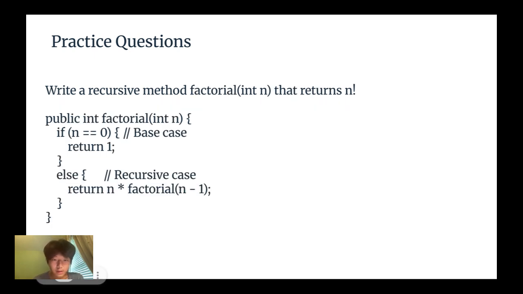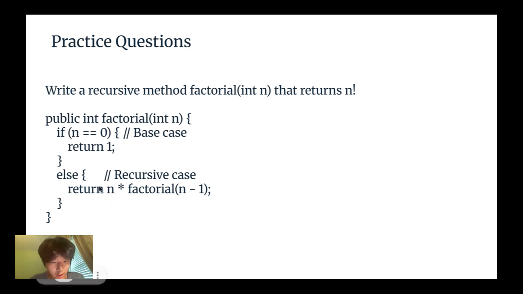And here is the answer to the first question. You have factorial, and first you need to write a base case. So when n equals 0, you return 1. If not, then you return n multiplied by factorial of n minus 1. As you can see here, we're breaking down this bigger problem into a smaller problem.